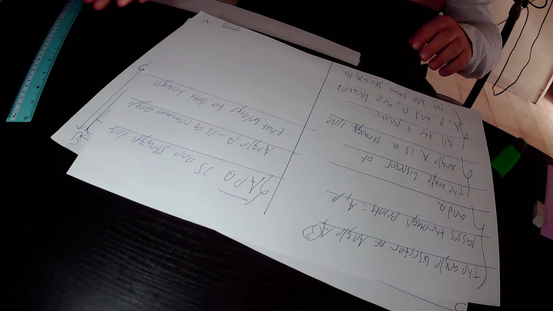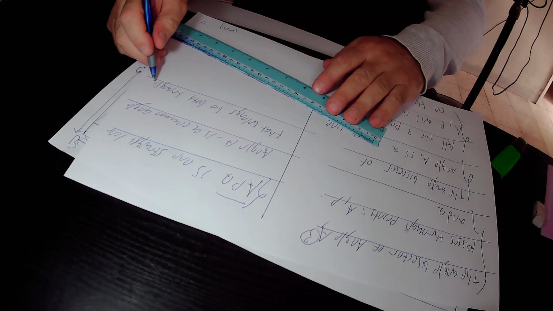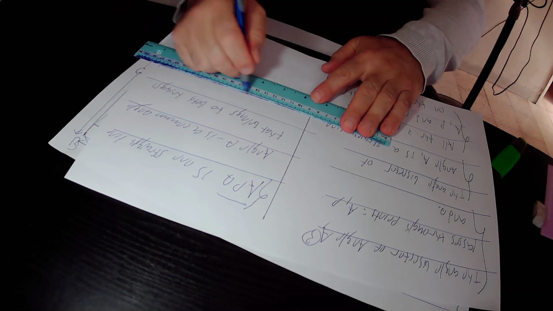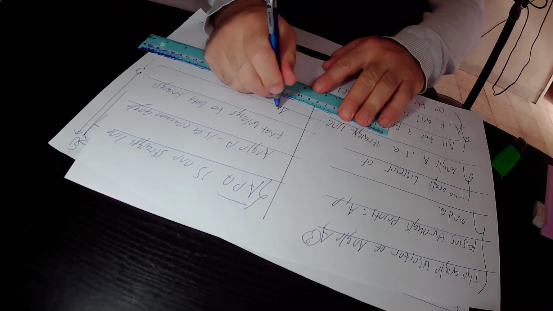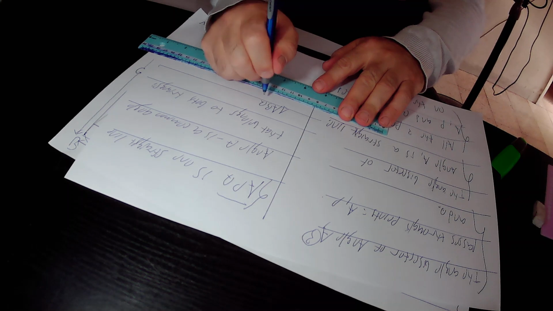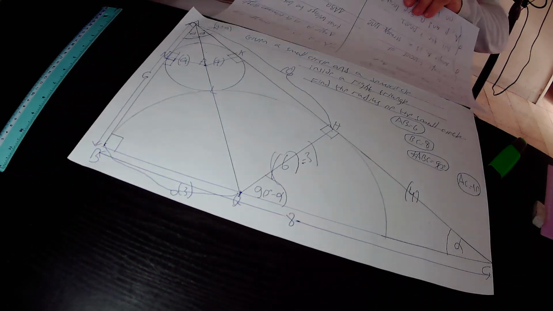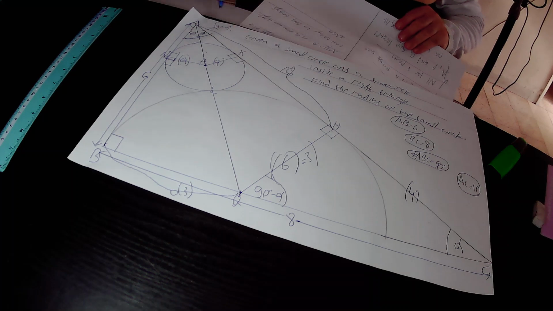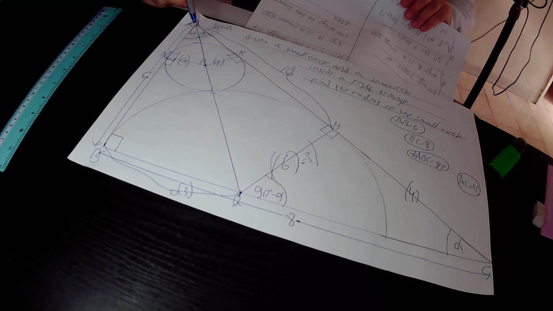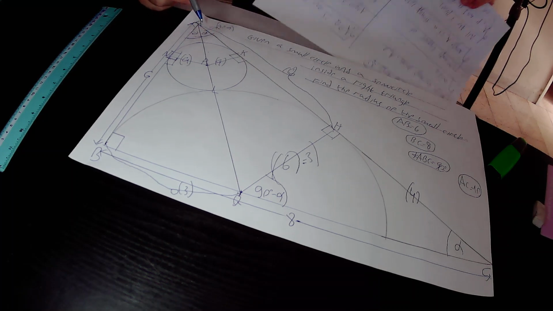It belongs to the big right triangle ABQ, and angle theta also belongs to the small right triangle ANP.